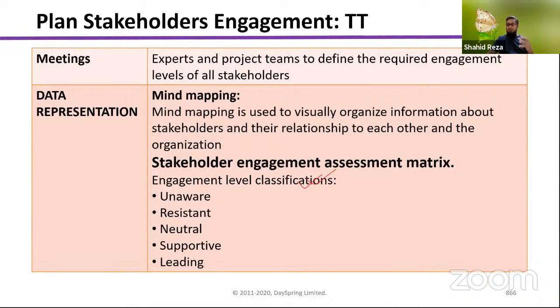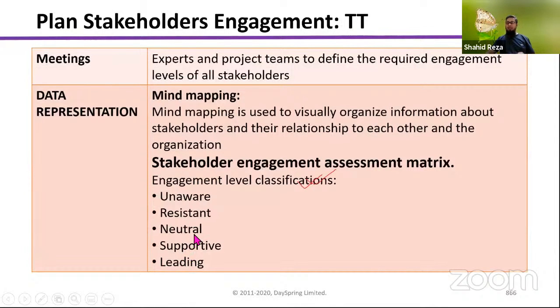When we identify stakeholders, we try to identify all the stakeholders of the project, so you will see a lot of stakeholders who are unaware of the project. Some stakeholders you will find resistant, negative stakeholders. They will create impediments for your project.